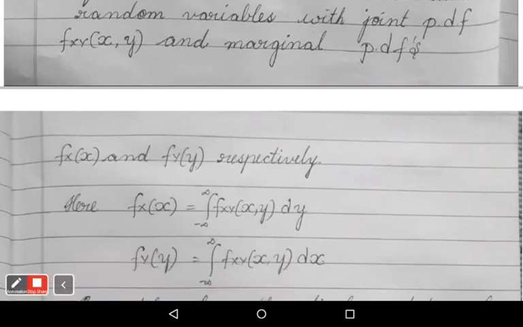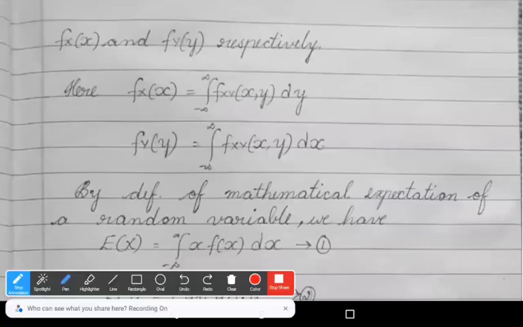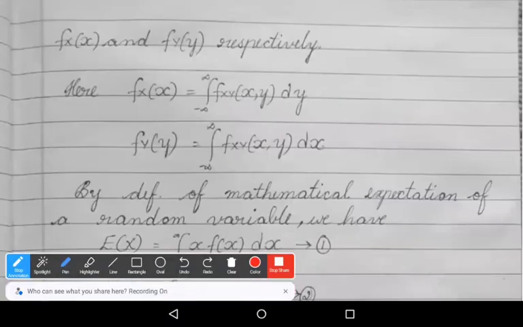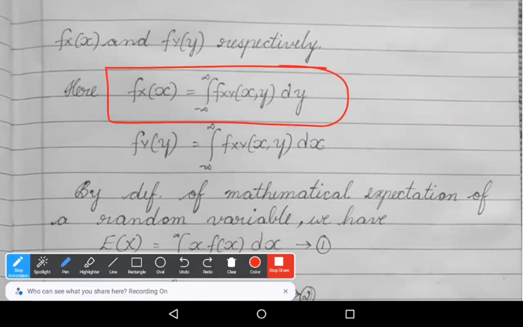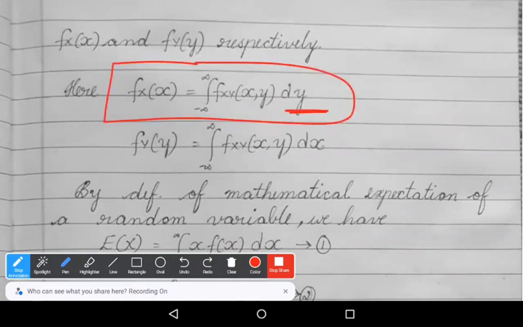So here fx of X, by the definition of marginal PDFs, is equal to integral minus infinity to plus infinity fxy of X comma Y into dy.